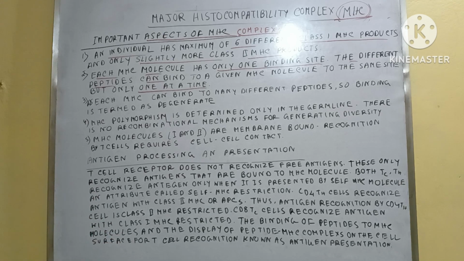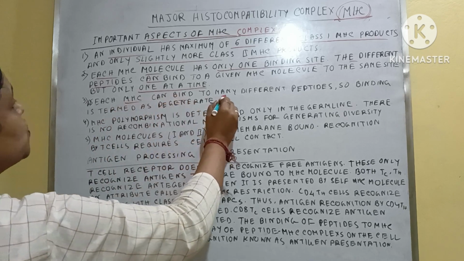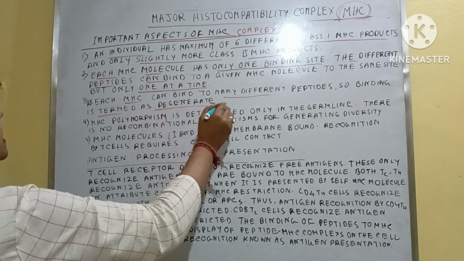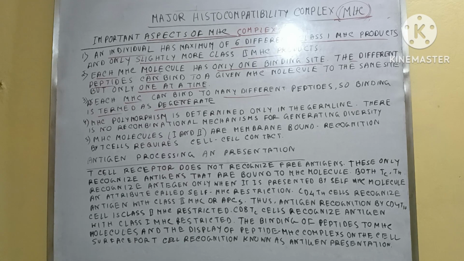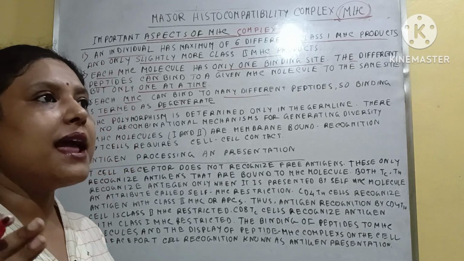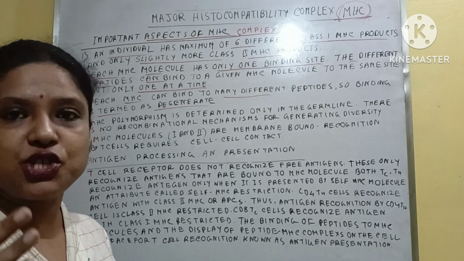Third, each MHC can bind to many different peptides, so the binding is termed degenerate, just like the degeneracy of the code that you can already learn about in the translation process.